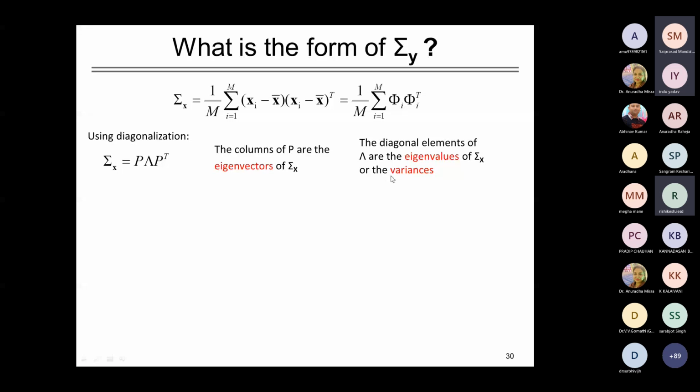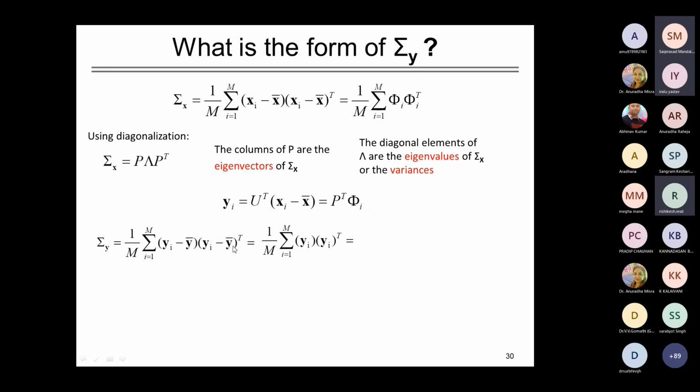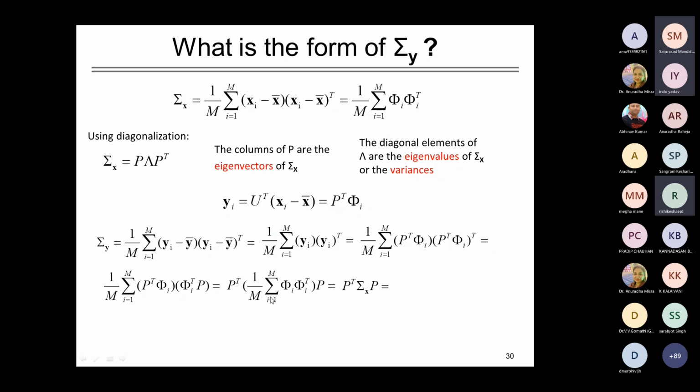So yi is equal to U transpose times xi minus x bar, that is P transpose phi i, and sigma y will be 1 upon m, sum over i going from 1 to m, of yi minus y bar times yi minus y bar transpose. It will be equivalent to 1 upon m, sum of P transpose phi i times P transpose phi i whole transpose. These are the mathematical calculations, giving P transpose sigma x P. So the form of sigma y will be lambda. It's called the diagonal matrix lambda.